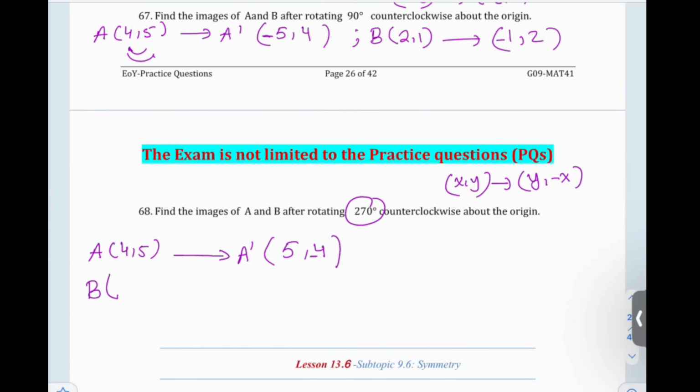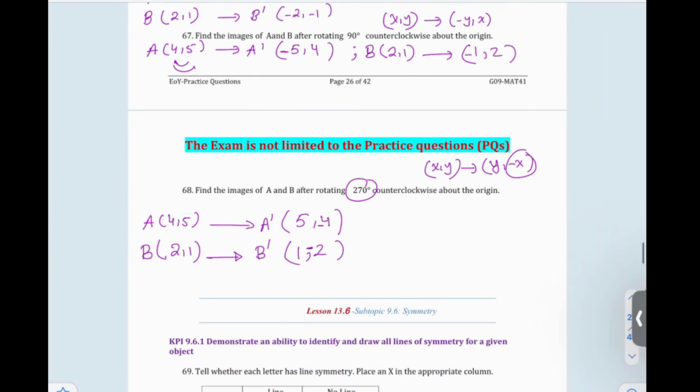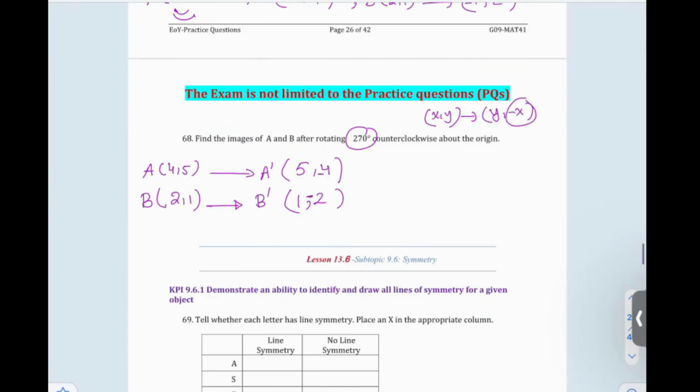B was (2, 1). So B prime is exchange them, then flip the sign of the second coordinate, the y coordinate. That's it. The questions of rotation are easy. No need to go through the details for this revision.